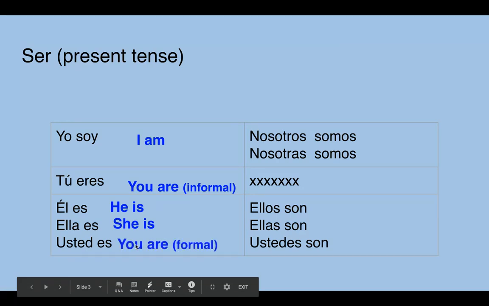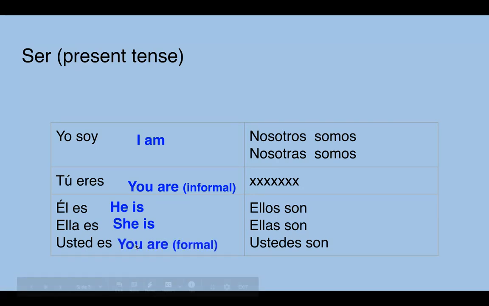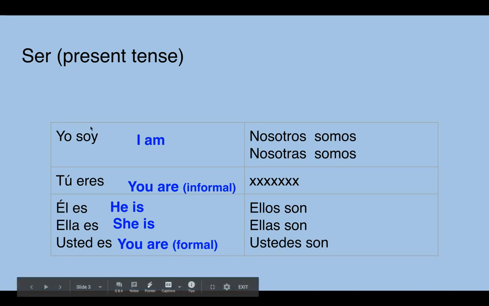Usted es is you are, but it's the formal you. The you would use with your teachers, your boss, people that you need to show respect to. Not that if you use the tú form, you're not showing respect, but it's a more formal situation when you use usted. So repite, por favor.